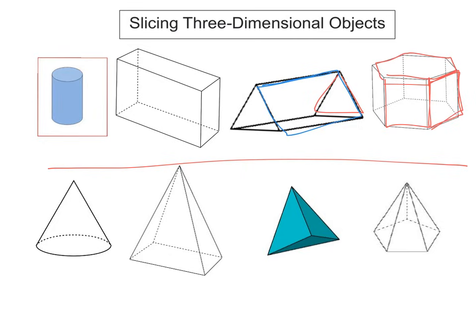Below the line here, we have what we call pyramids, and then this shape right here is a cone. For a cone, the base is a circle, and notice on all of these, you've got one base, and from that base we go up to a point right here. So right here we have what we call a rectangular pyramid, and that goes up to a point right here.